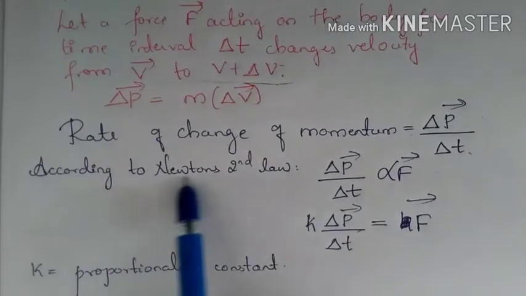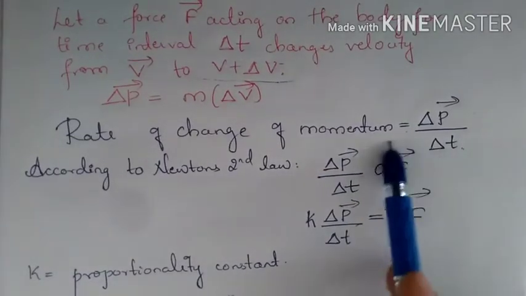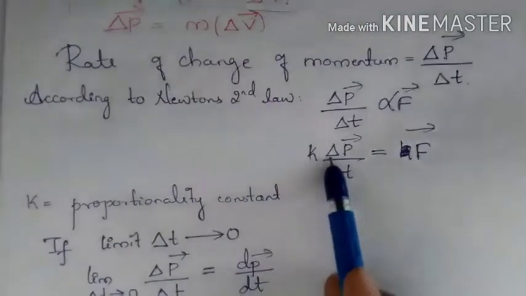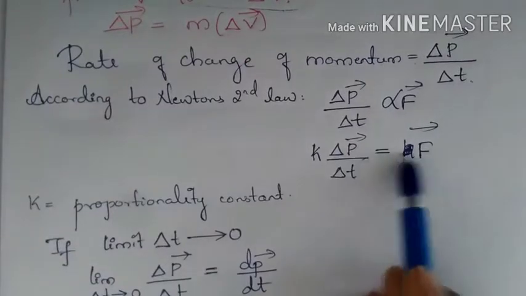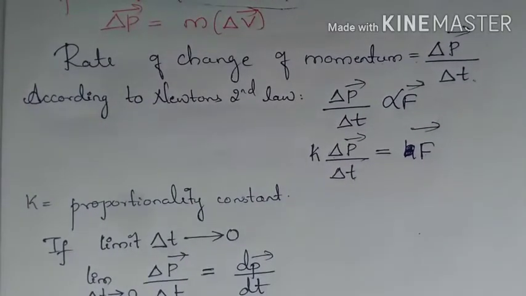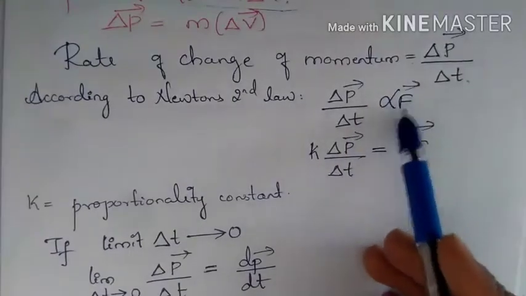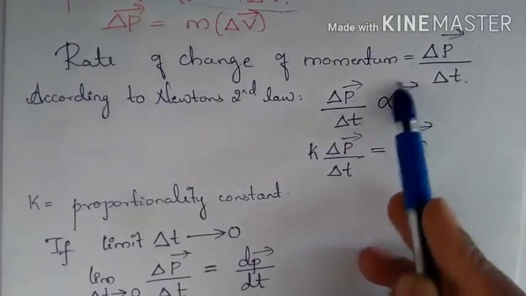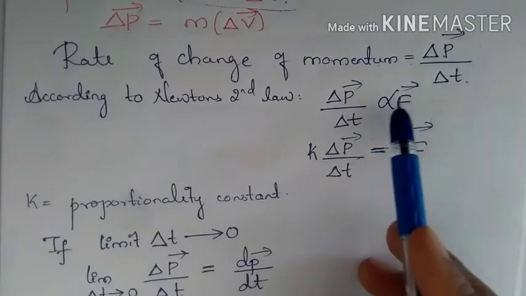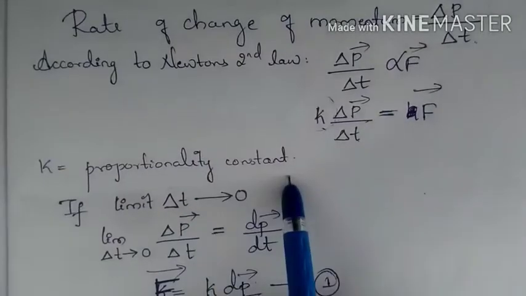According to Newton's second law, the rate of change of momentum is directly proportional to the force acting on the body. So k delta p divided by delta t is equal to F, where k is the proportionality constant. Whenever you write that delta p by delta t is directly proportional to F, and you want to write it in equation form, the proportionality is replaced with a constant.